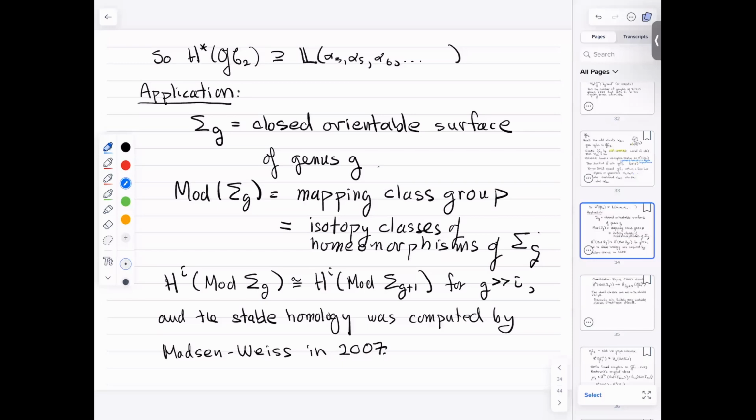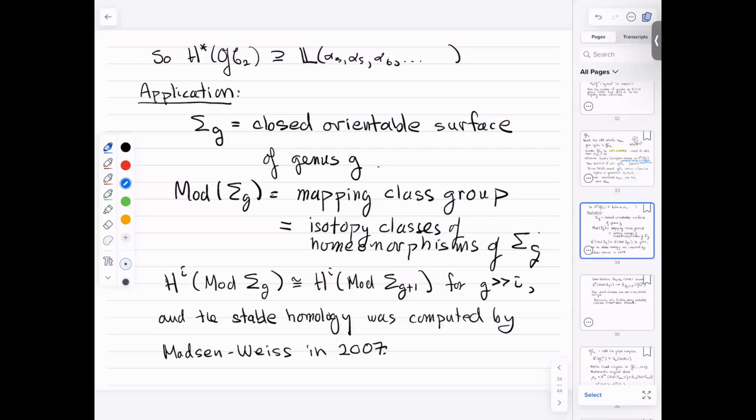But here's another application which I really like, which is to mapping class groups of closed surfaces. So if you take a closed orientable surface of genus g, and I'm going to call Mod(Sigma_g) the mapping class group. So that's isotopy classes of homeomorphisms of the surface.